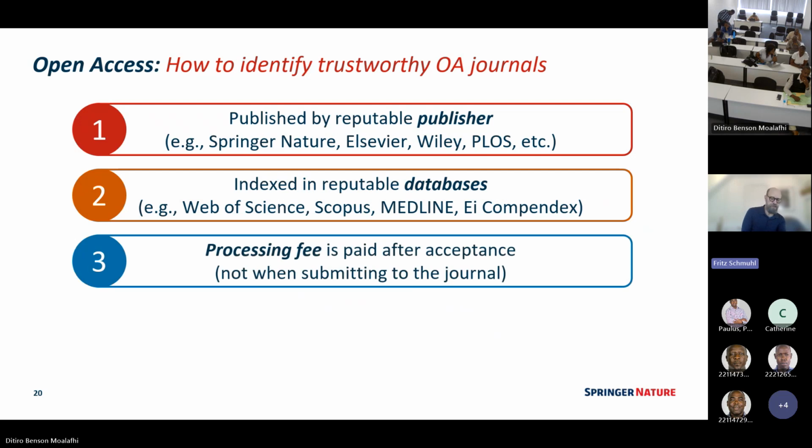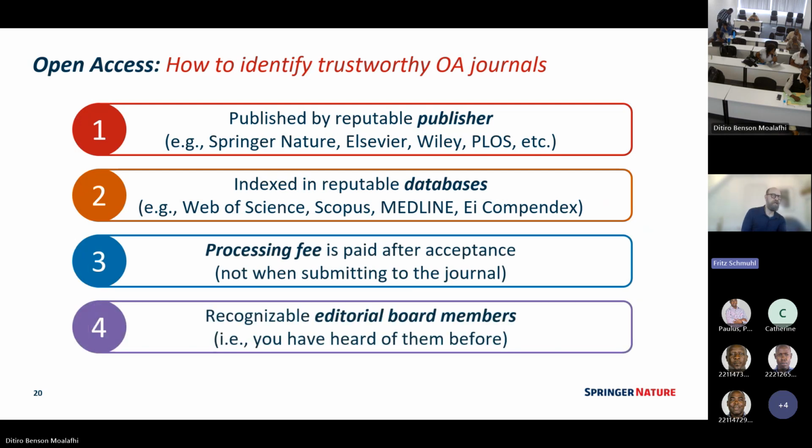I won't go into this today in great detail because I did discuss this yesterday at some length. But when you look at especially fully open access journals, it is extremely important to establish that these are trustworthy journals.